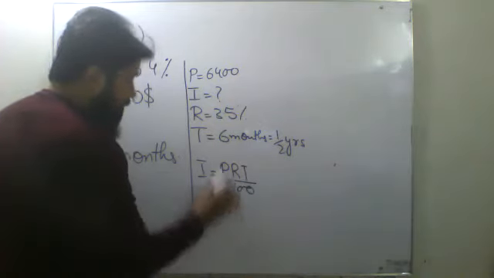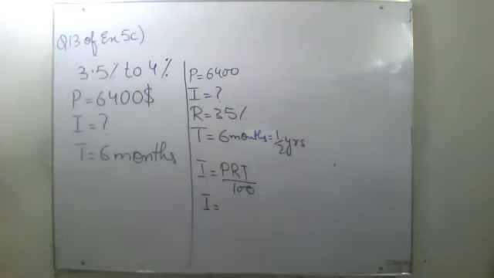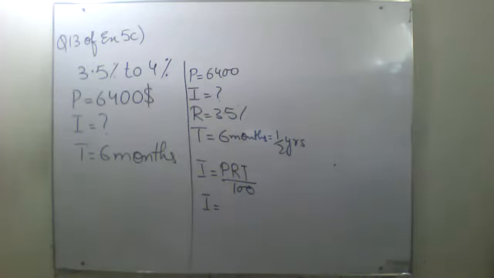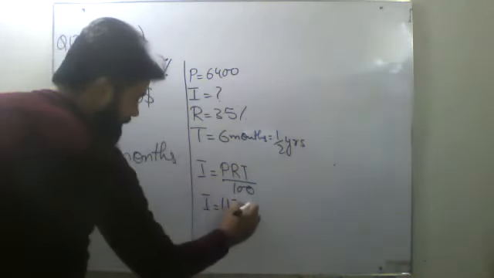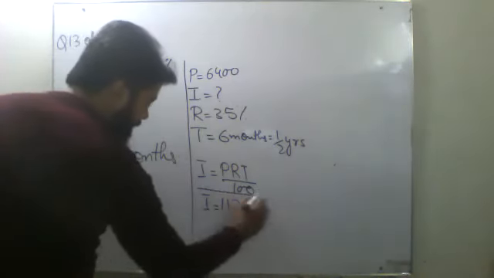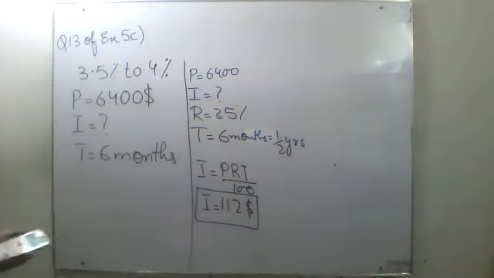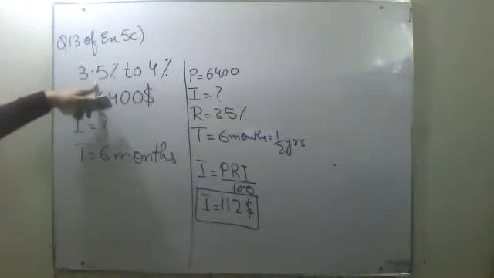P value is 6,400, P is 64, this is 3.5 and this is 0.5. When I simplify, the interest is coming 112. I have got the interest of this one.